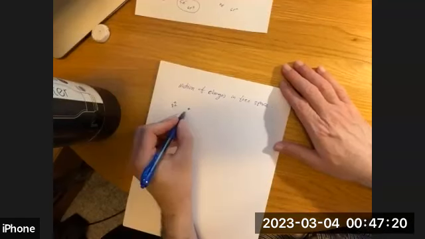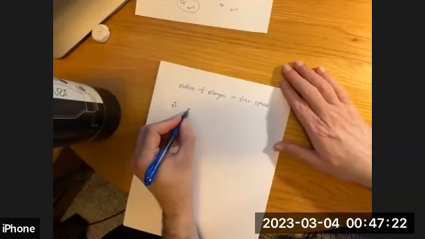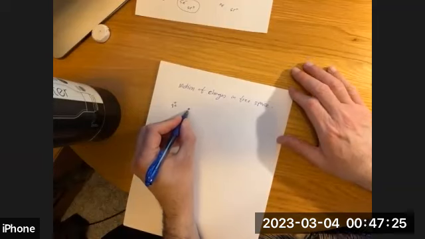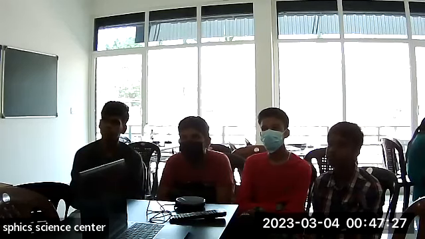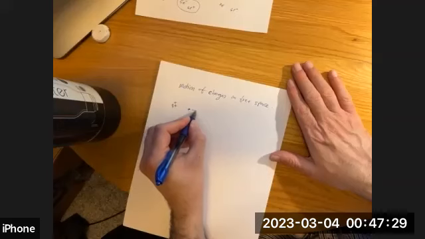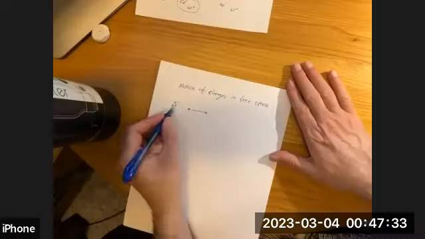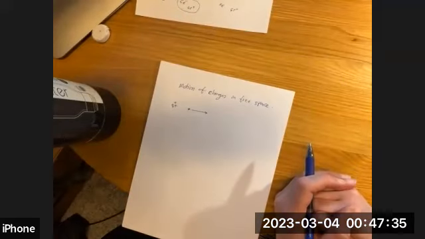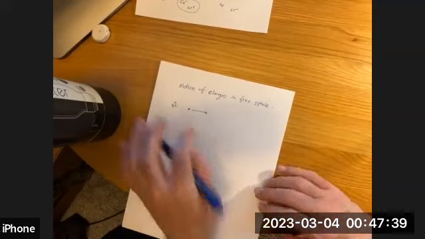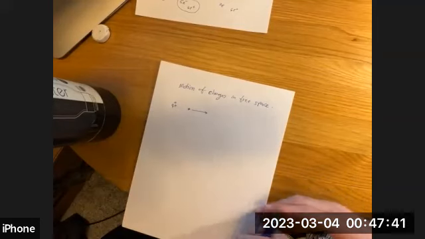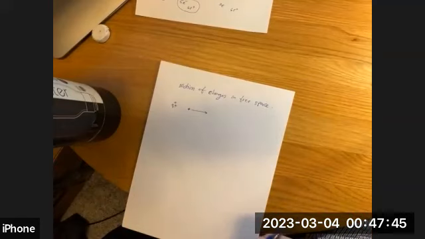If I allow this charge to move, it is going to move away because of the repulsion force from this positive charge. This is due to a force, which we call the electric force.